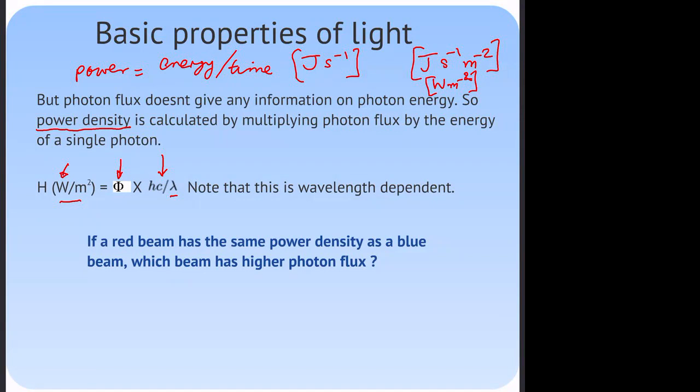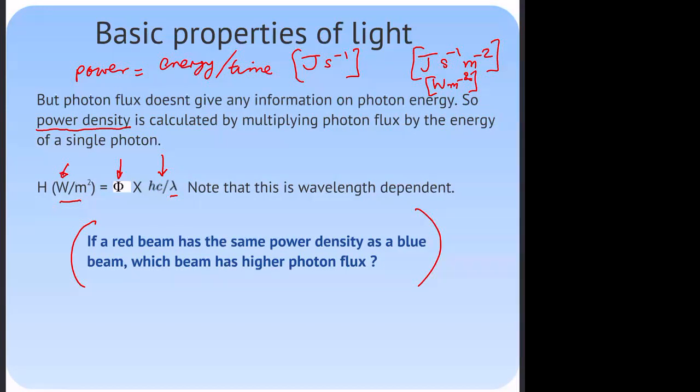Now I want to take a minute and I want you to answer this question. Again, I'm going to put you all in breakout rooms and give you maybe a minute and a half or so to answer this. But let me read the question. If a red beam has the same power density as a blue beam, which beam has higher photon flux? Okay, so imagine I have a red laser pointer.